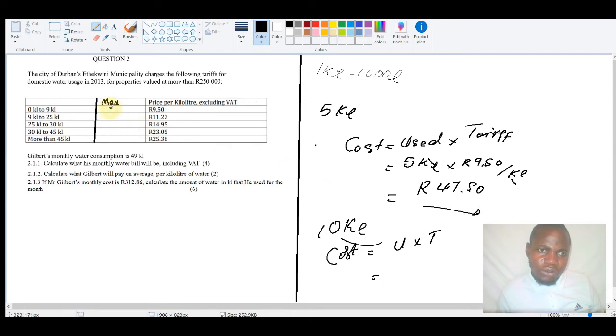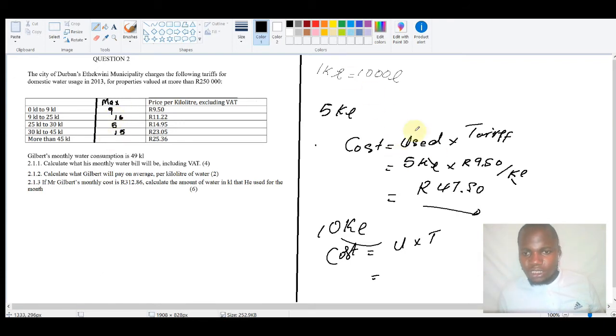So you have a 9, then 25 minus 9, that is 16. Then 30 minus 25, that is 5. And 45 minus 30, you get 15. These are just values to guide you.